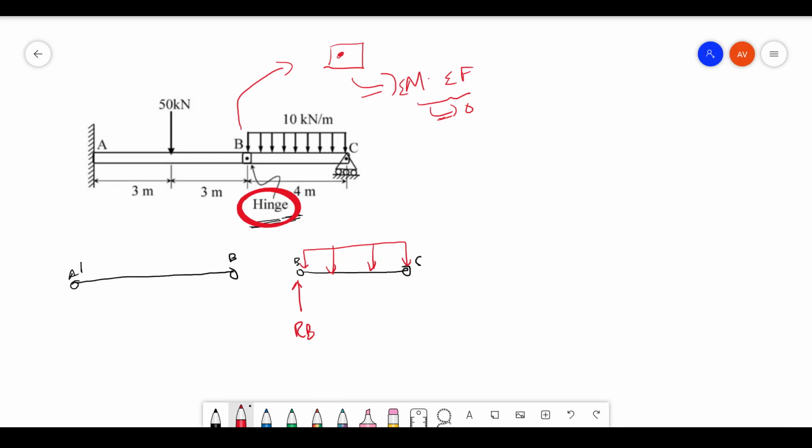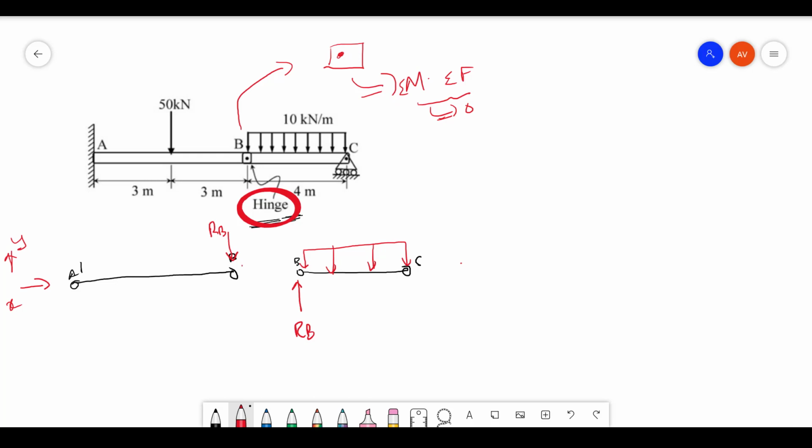I'm not considering any force in the x direction, only the y direction. The net force at this point B is 0, which means here I'm going to have an opposite RB. So when you join these two and make it a pin joint, your net force is 0.